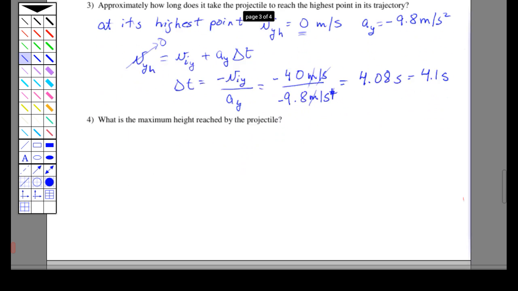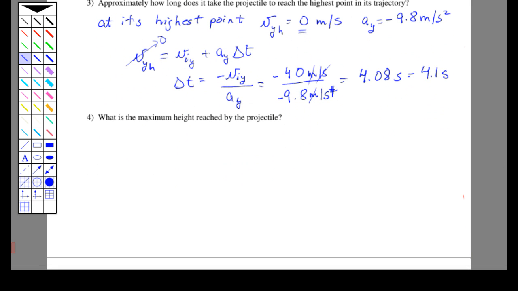All right, let's go to question 4. What is the maximum height reached by the projectile? Well, again, in the vertical direction we have motion with constant acceleration.